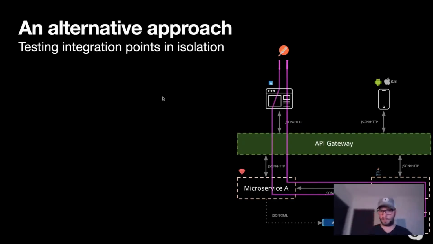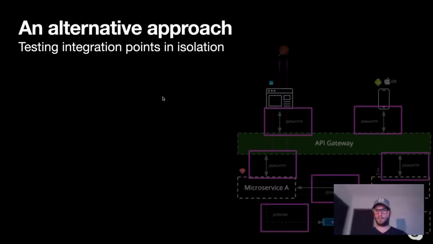So let's look at this environment that we've seen before. Instead of relying on data and testing the whole flow through, because honestly, we don't necessarily care how microservice B and C are communicating, if they're integrating correctly, or what's flowing between them, if we're only working between the iOS system and the API gateway, right?